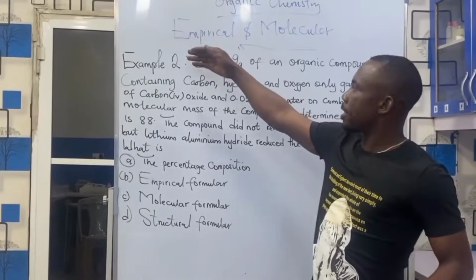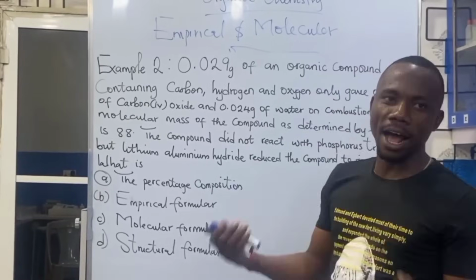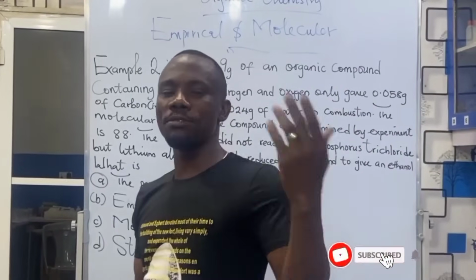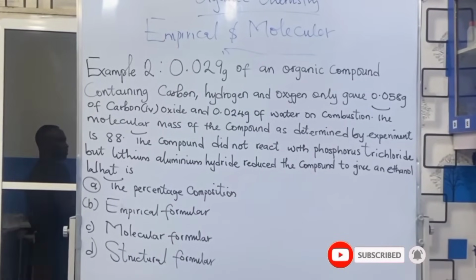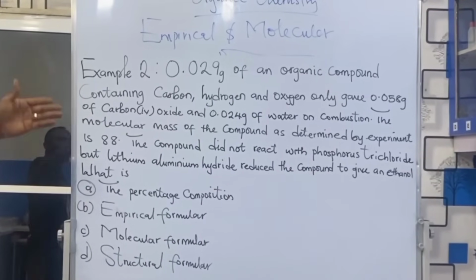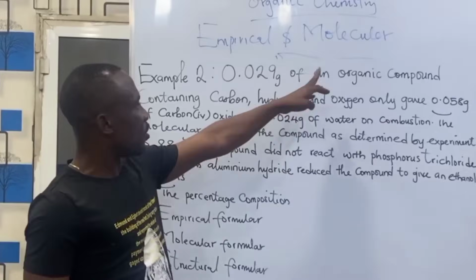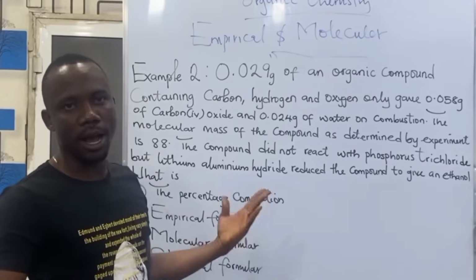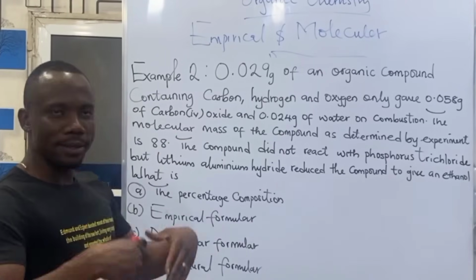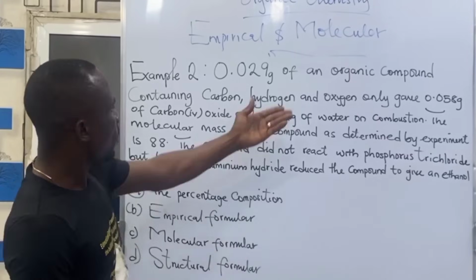Looking at example number 2. This example number 2 is similar to the previous example, but is more technical. 0.029 grams of an organic compound containing carbon, hydrogen, and oxygen. Like we previously said, they are the major elements that constitute organic compounds.